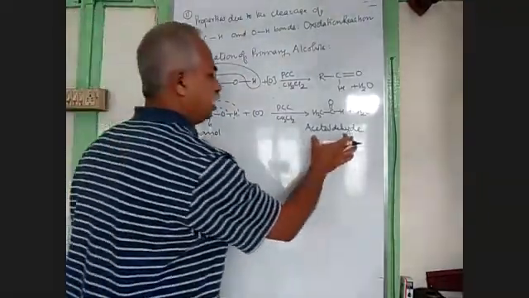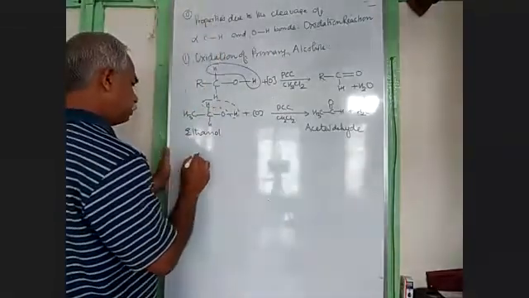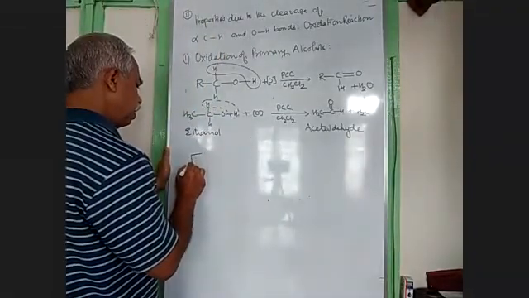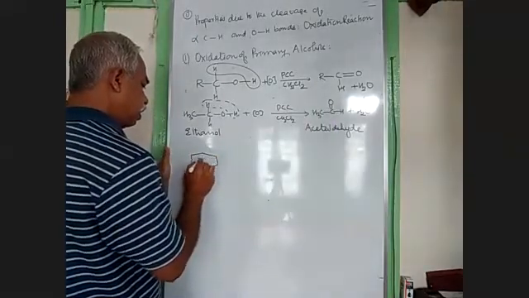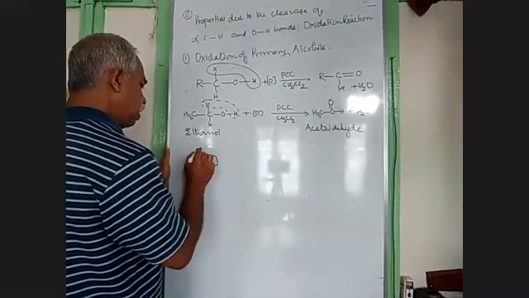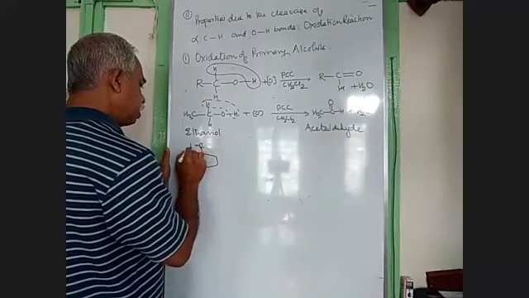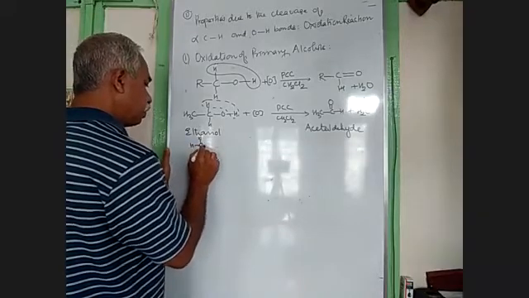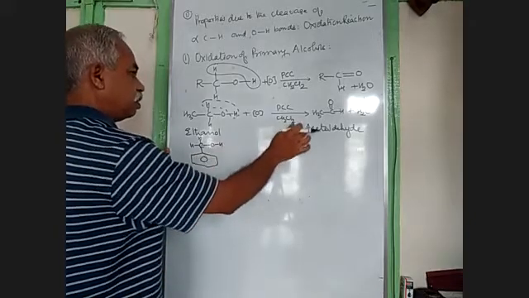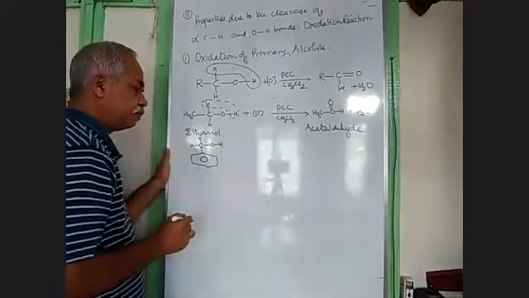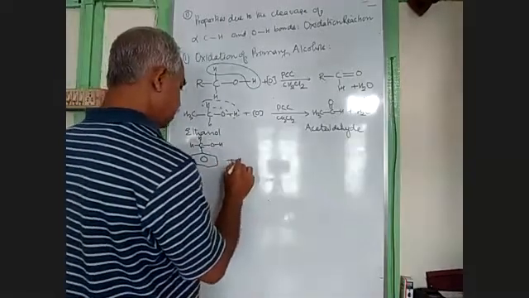Ethanol, acetaldehyde. Similarly, you get aromatically. I told you that in organic chemistry, the preparation of one compound, the property of one compound is the preparation of another. So this one we are going to study again in preparation of aldehyde.